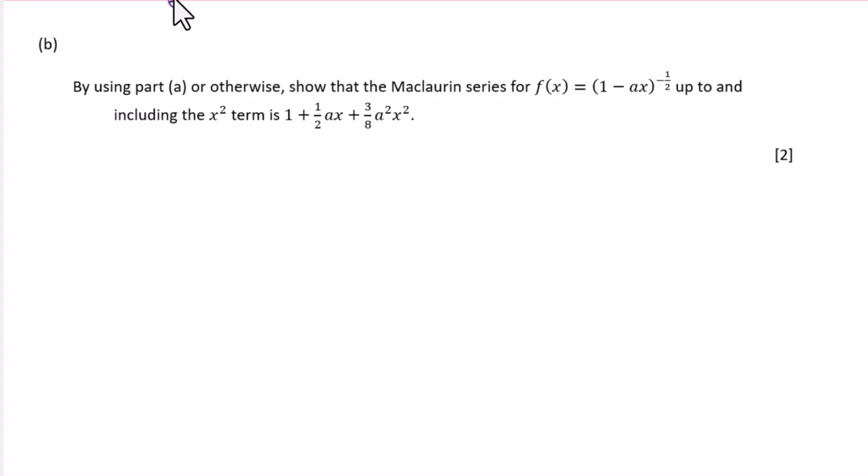Let's go to B. By using part A or otherwise, show that the Maclaurin series for f of x equals 1 minus ax to the power of negative 1/2 up to and including x squared terms is 1 plus 1 over 2ax plus 3 over 8a squared x squared.